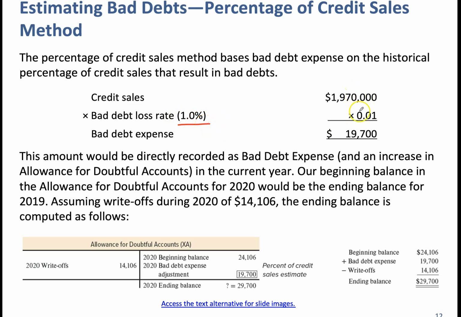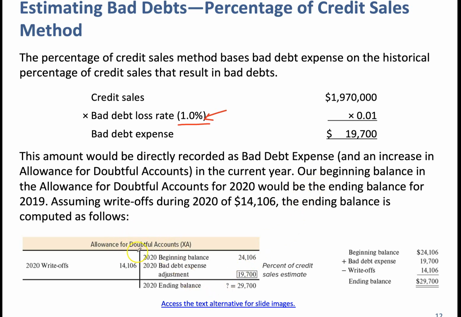So we multiply this 1% by the total credit sales, which is the accounts receivable, and we have the allowances amount, or the bad debt expense for this period, $19,700. So how does this 1% come into place? How do you know it's 1%? It's usually from history, from the past 3 years or past 5 years, whatever the company decides to use.